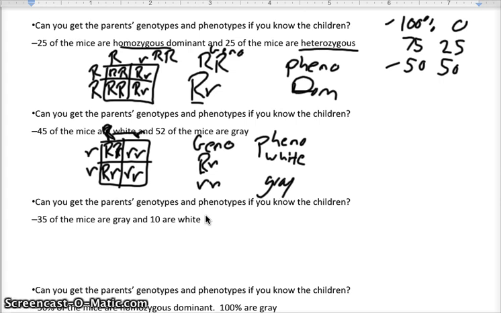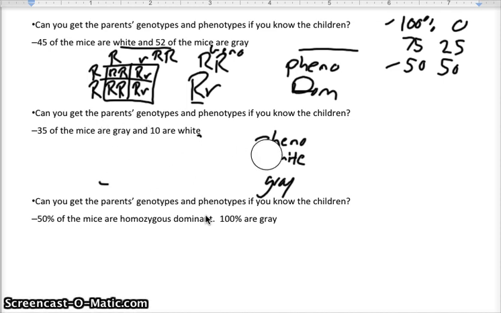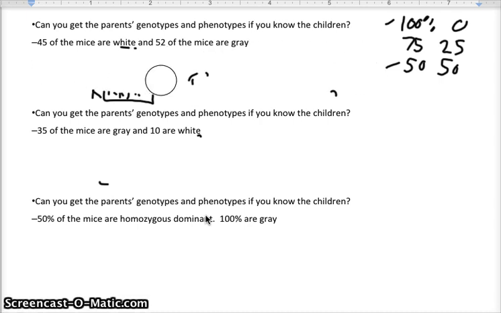All right, so we got two more here. So now 35 to 10. Now that's like 15 apart. That's pretty far away. So that is more like our 75-25 percentages.